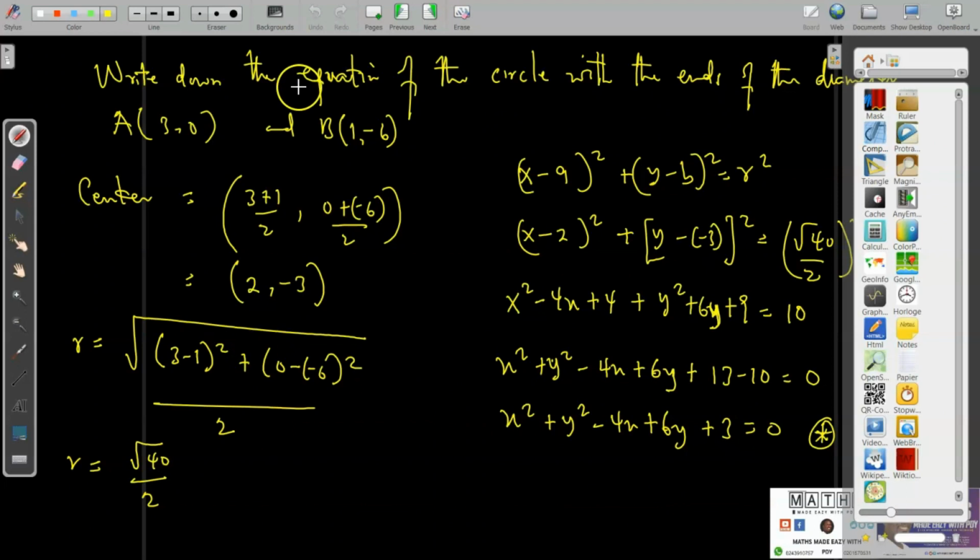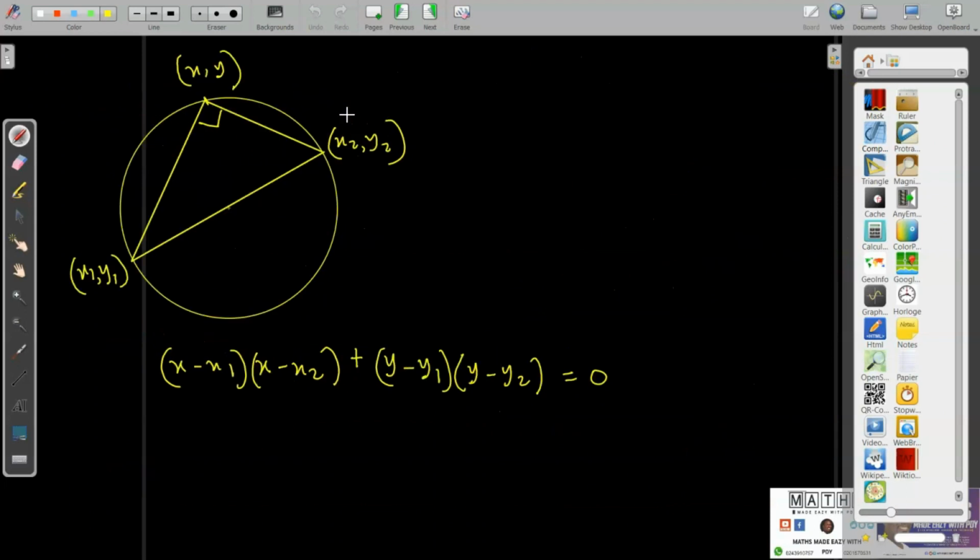Just look at it. Okay, so A was 3, 0. B was 1, -6. Note it down. A was 3, 0. B was 1, -6. And then we have our x, y as the third point.